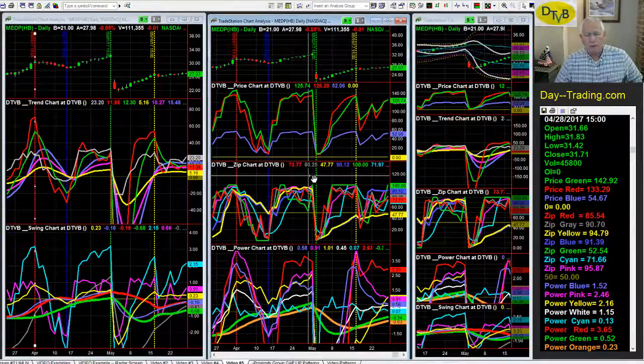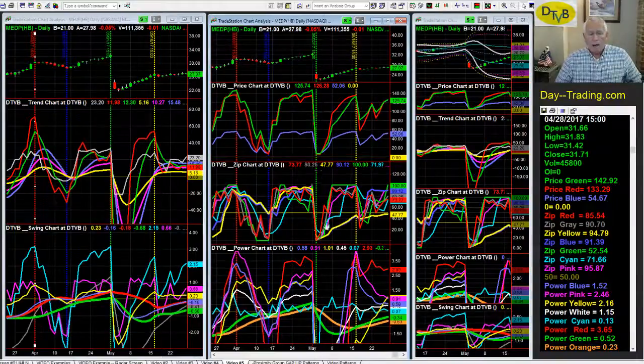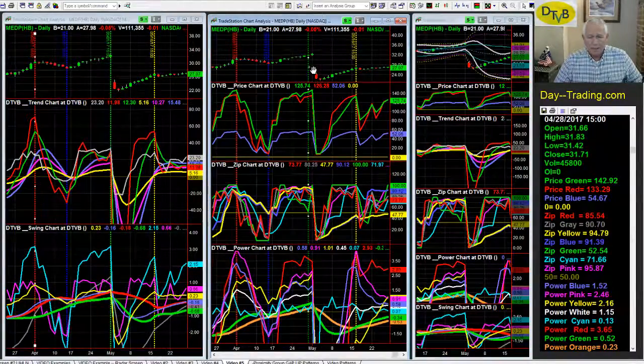It's pretty hard to see there. Whenever zip pink sticks its nose out from underneath the other lines, then it typically goes down the next day. However, if you take the green, I'm going to move the green vertical line to the day before the actual peak, and there we see, right down here, a bottlenose in the zip green line.